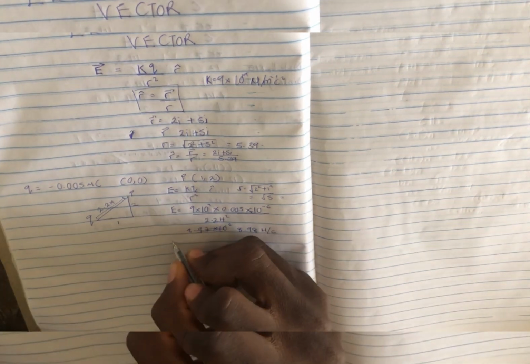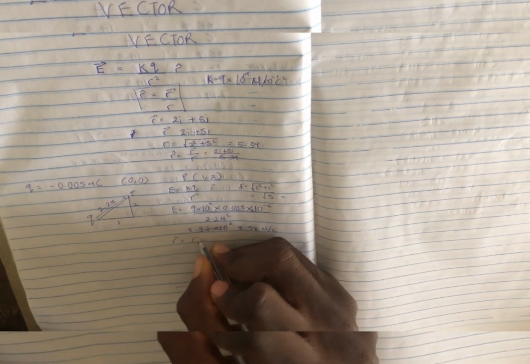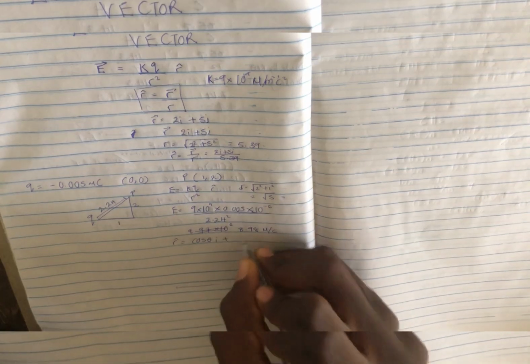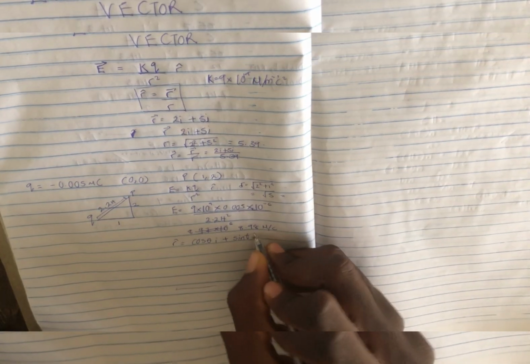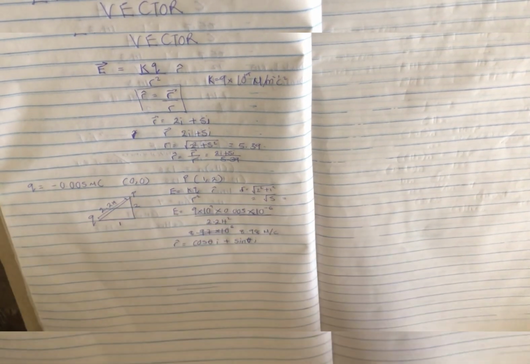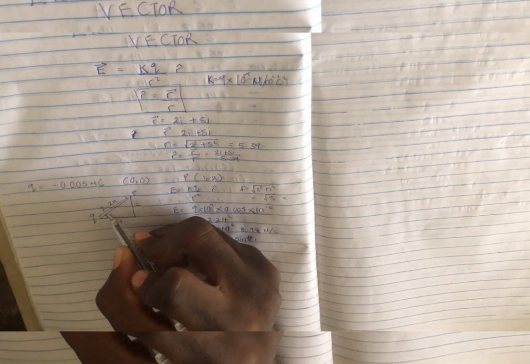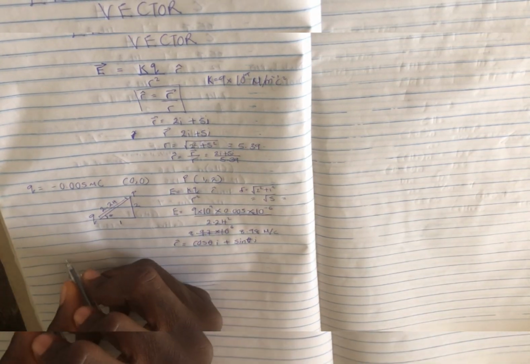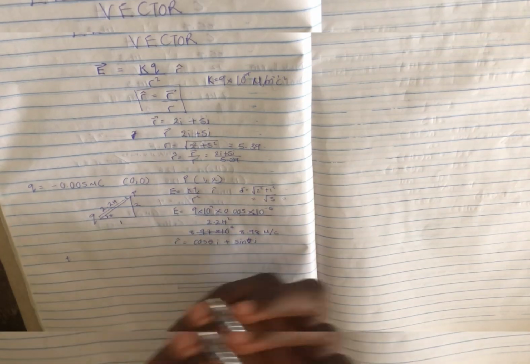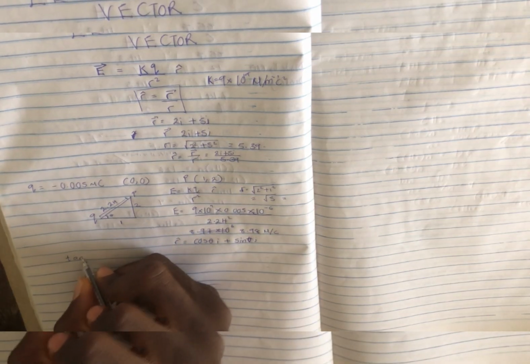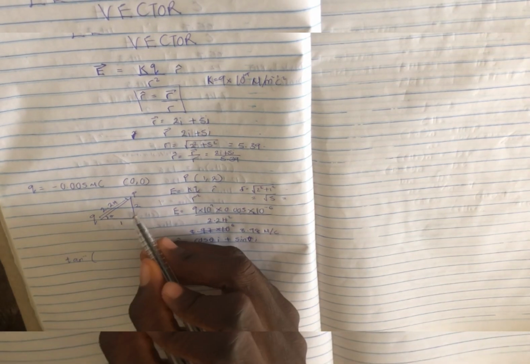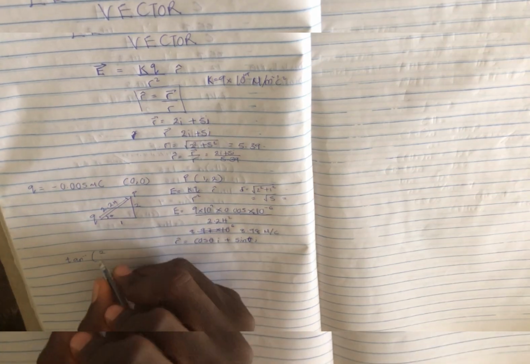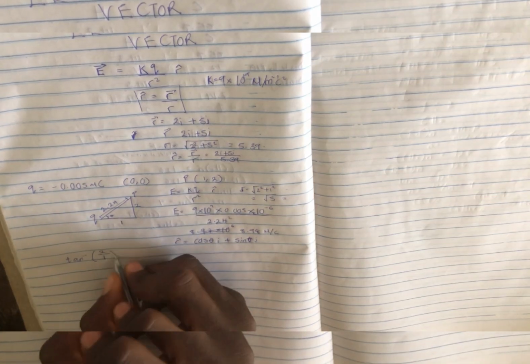So let's look for r hat. The formula for finding r hat using the angle method is cos theta i plus sin theta j, and here we are considering the angle from the x-axis. To find the angle, we use tan, SOHCAHTOA. So that will be tan inverse of opposite over adjacent, tan inverse of 2 over 1.